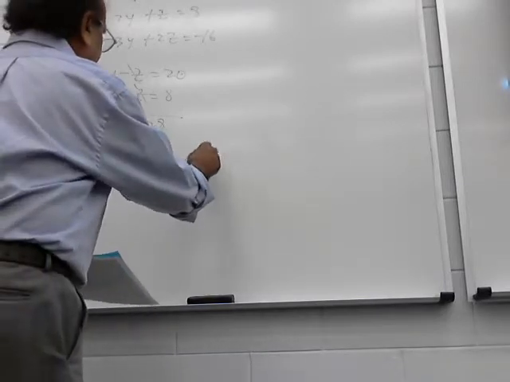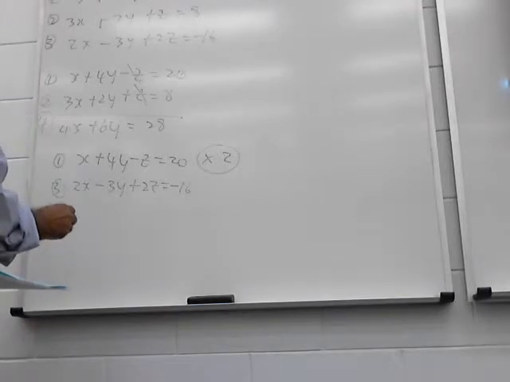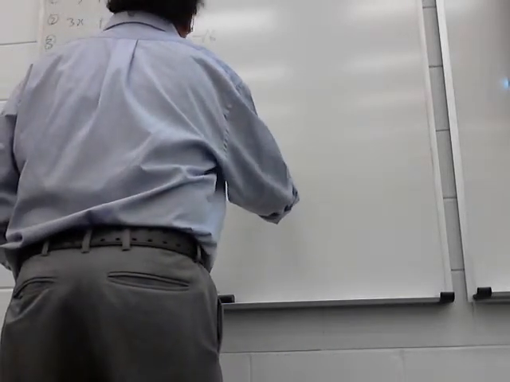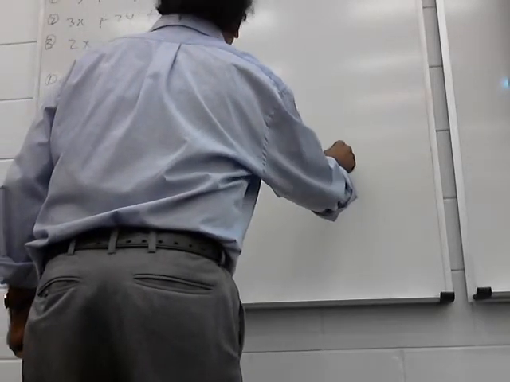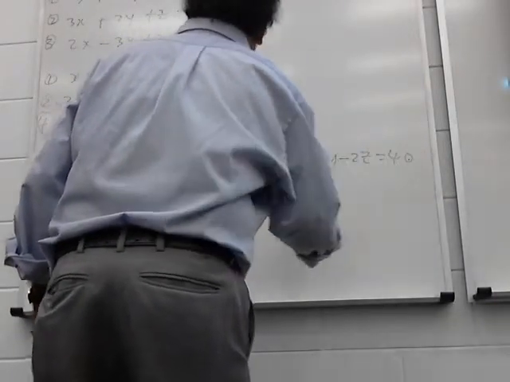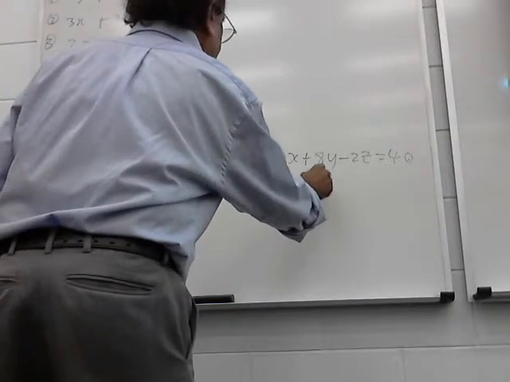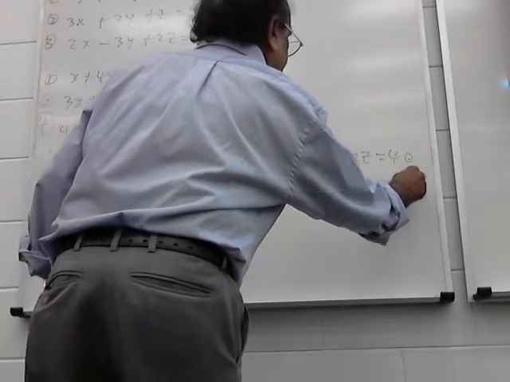So then I'll multiply this here by 2, and add it. That gives me 2x plus 8y minus 2z equal to 40. And this one I rewrite just below it: 2x minus 3y plus 2z equal to minus 16.